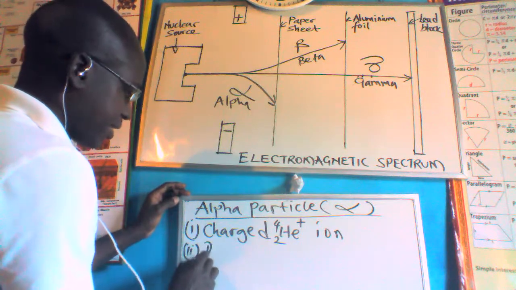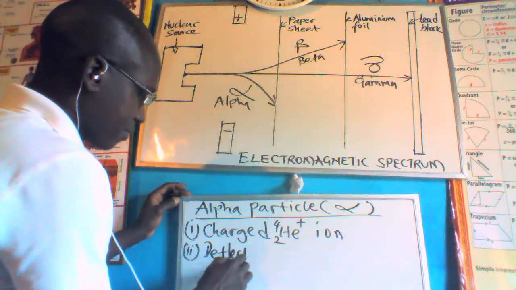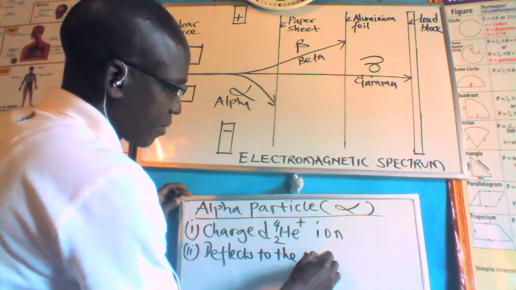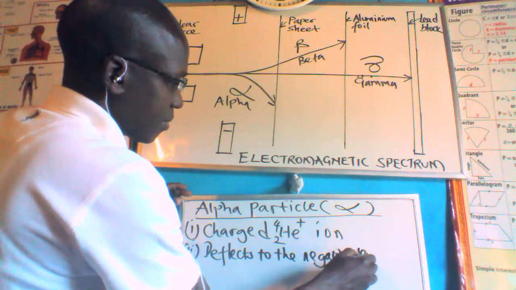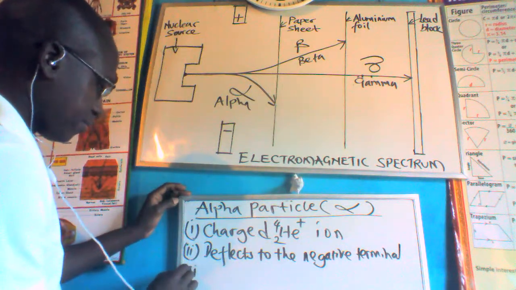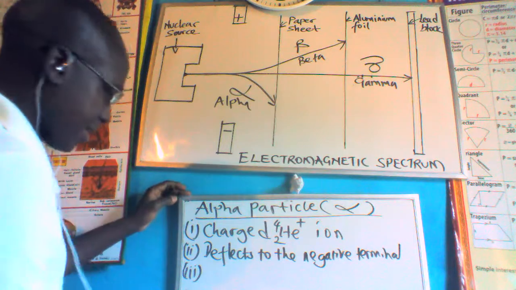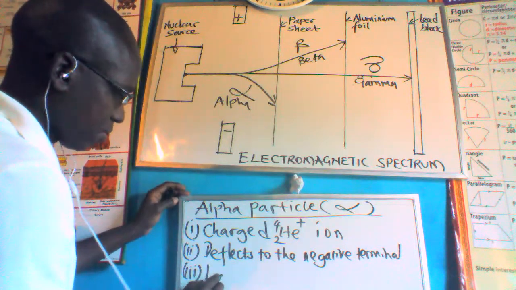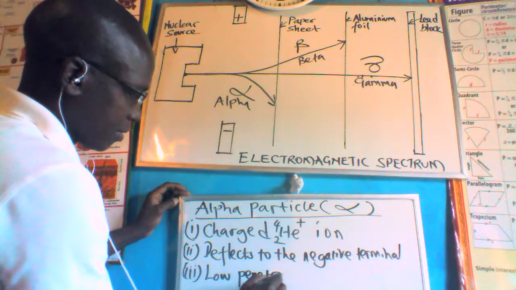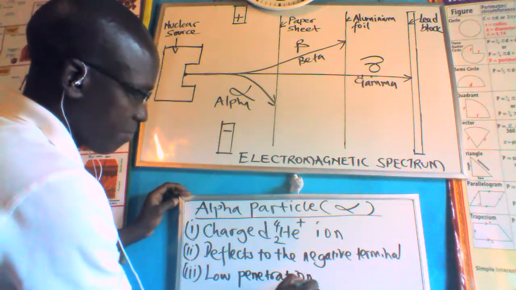Number 2, it deflects to the negative terminal. Number 3, as I said earlier, it has a low penetration intensity, which we could say penetration power.